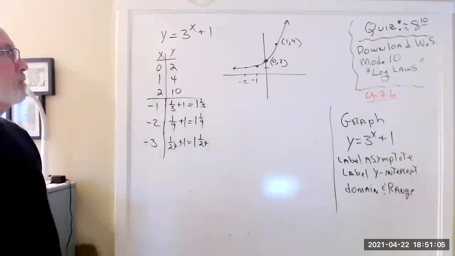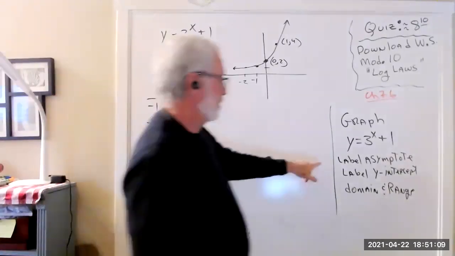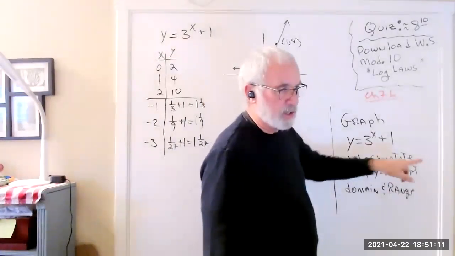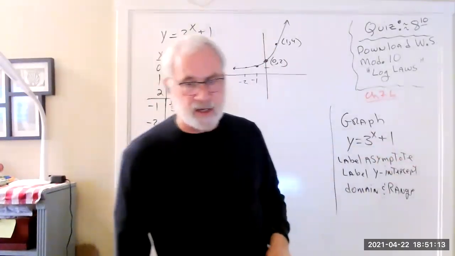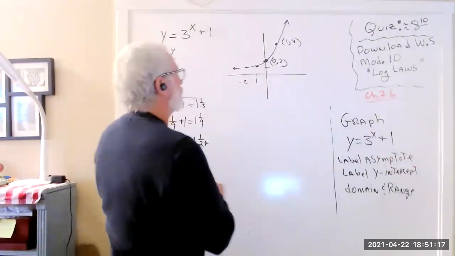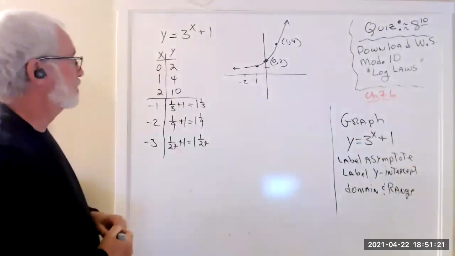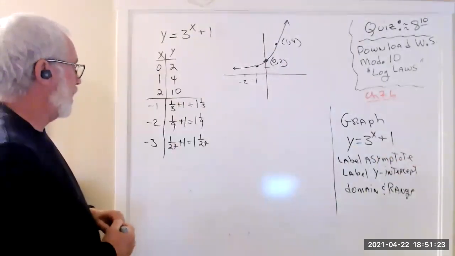Okay. So now, asymptote. The asymptote is the invisible line that the graph does not cross. What is it? Where is it? 1.